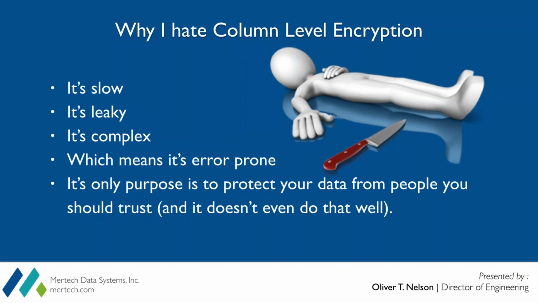Transparent data encryption doesn't have this limitation because it's essentially encrypting and decrypting pages of data as they're read from and written to the disk. So even from the standpoint of the database, it's not touching the query engine in any way, whereas column level encryption is severely affecting the query engine's ability to optimize your queries. And in fact, there are very severe limitations on indexing encrypted columns. We'll talk about that in just a moment, but it's something to be aware of.